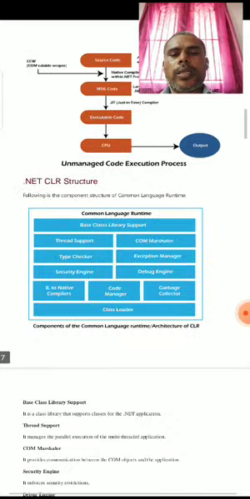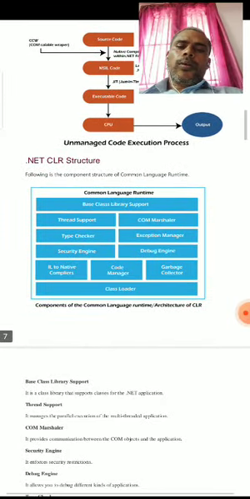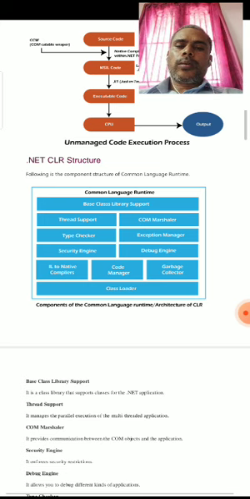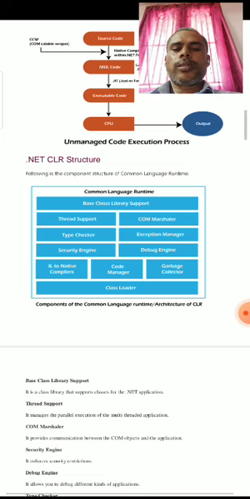So, the next one is .NET CLR structure. The following is the component structure of common language runtime system. From this architecture, the top layer consists of base class library support, and the bottom layer consists of class loader.